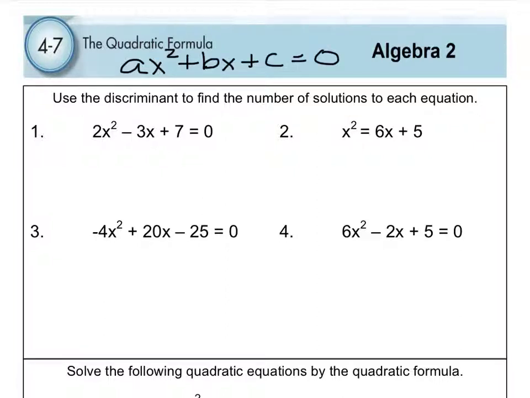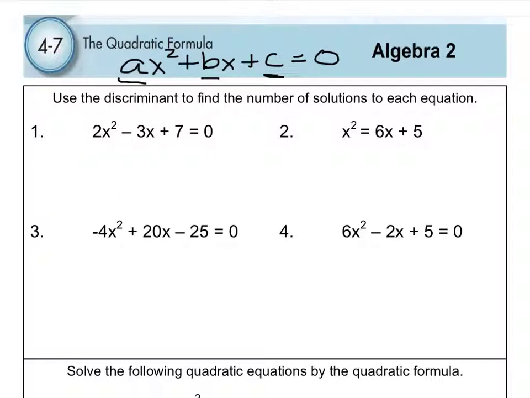That's standard form of a quadratic equation. What you're doing now is finding what's the number in front of x squared. That's a. The number in front of x, that's b. And then this constant out here by itself at the end, that's c.